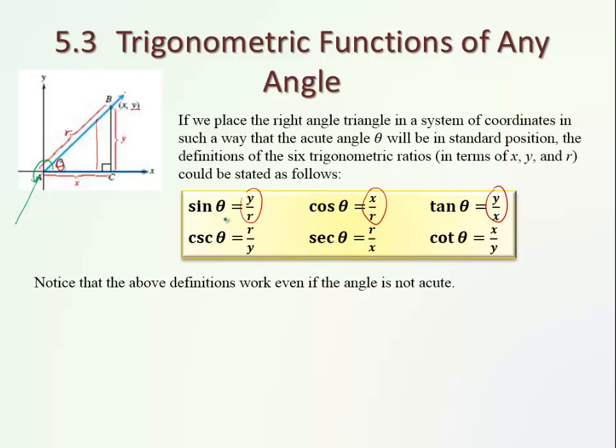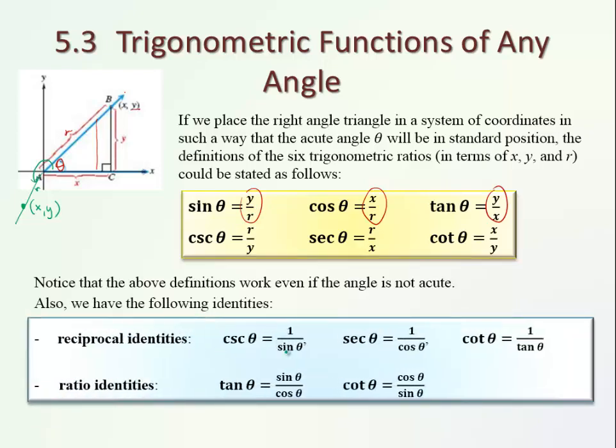However, we can still make a definition of trig functions by choosing a point on the terminal of this angle and referring to the coordinates of this particular point x and y. So we'll have r, x, and y, and we can define any trigonometric function, which we would not be able to do if we look just at the right angle triangle. So this is a great advantage of defining trig functions through x, y, and r.